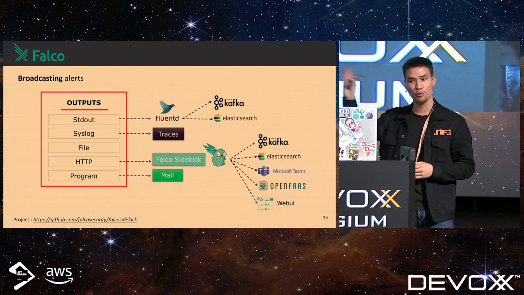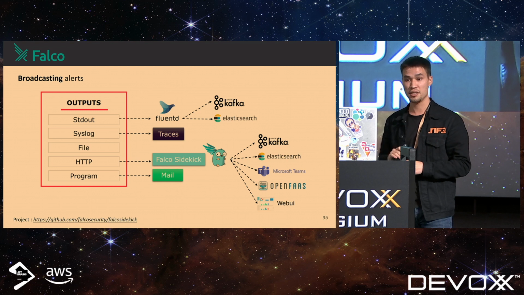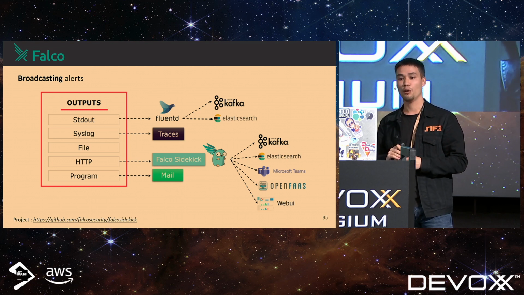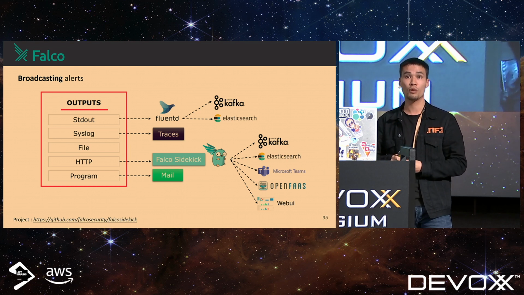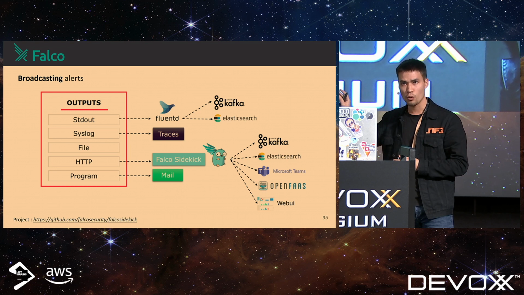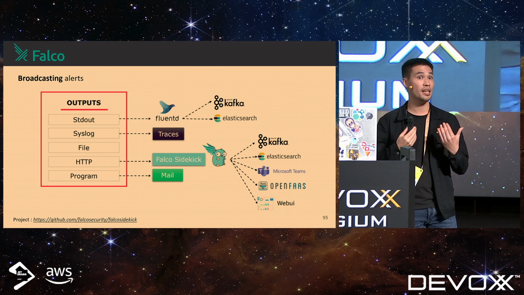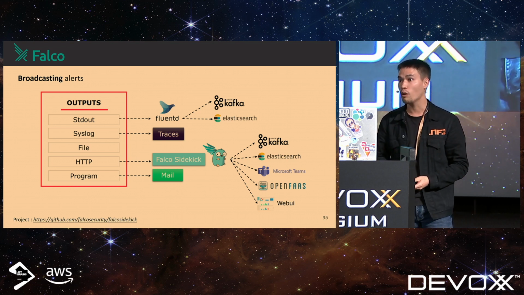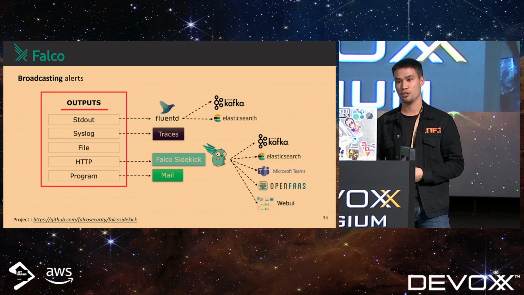We can still push to Elasticsearch, to Kafka, but we can also push these alerts directly to Slack, Teams, Mattermost. We can push that to OpenFaaS, and Sidekick comes with its own web UI. There are almost 40 different connectors, meaning you don't have to implement them yourself. And this is interesting to actually forward all these alerts to your dedicated organization.